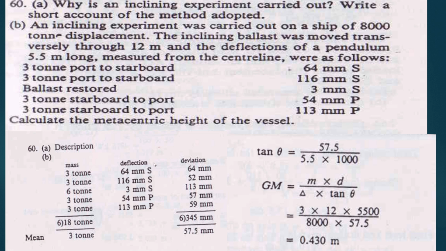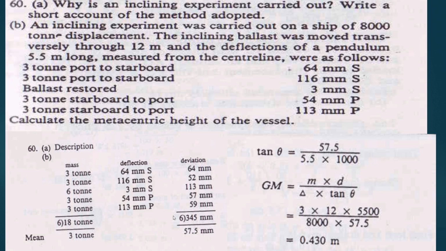First of all, we assume a 0 over here. So 64 minus 0 will be 64. 116 minus 64 will be 52. Same over here, it is 3 mm minus 116, so we get 113 mm. As you told, here it is ballast restored, so the next value we need to add. 54 plus 3 is 57. And again, 113 minus 54 we will get 59. So this is how this value came.